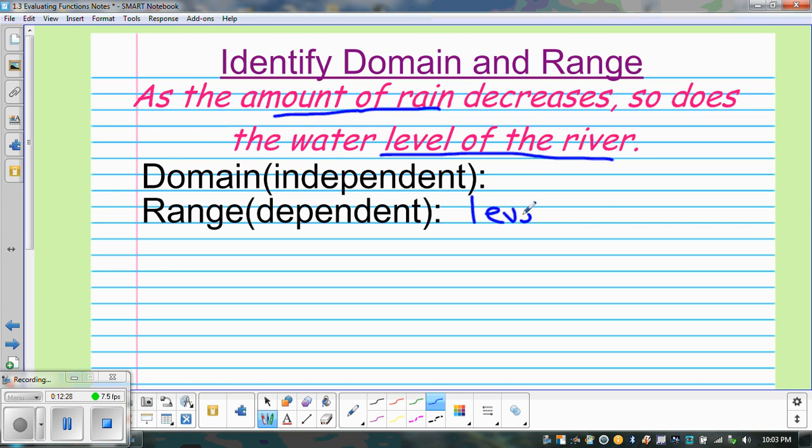The level of the river, how high the amount of water is. The level of the river is dependent on how much rain there is. So that is all I'm asking you to do, is identify the domain and range, which is also the independent versus dependent.